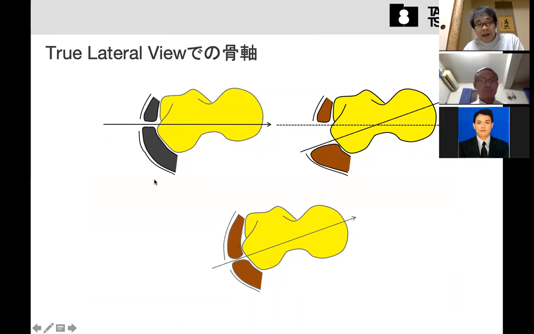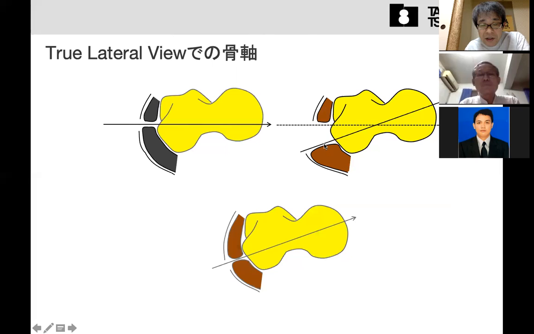Okay, so why is it important to make the skin incision on the true lateral view? If you make the skin incision just lateral to the femoral bone, the skin incision comes like this. So we separate the skin and reach the femoral bone here. But actually, the screw should be inserted like this.